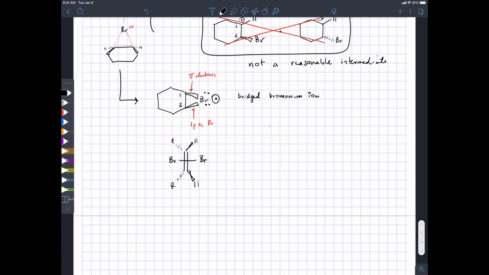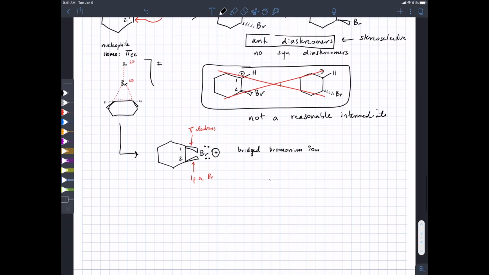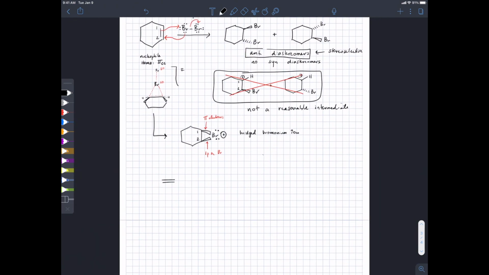That looks okay. The only problem I see with it is it puts the sigma star orbital of the bromine not that close to the pi bond. I will tell you, though, that in a more complicated world, there is some evidence that for some molecules with pi bonds, I'm going to hate this, and this is why I don't do the alkynes chapter, because alkyne reactivity is complicated.